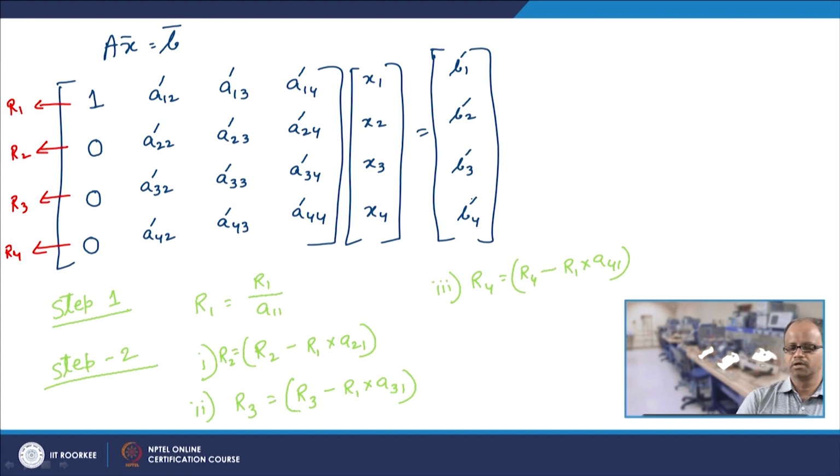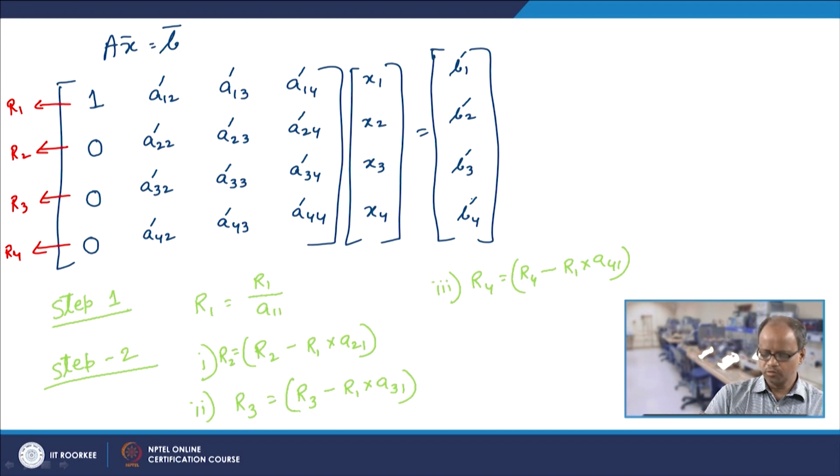So, this completes step 2. What we have essentially done is made all these terms in column 1 0 except this first pivot.